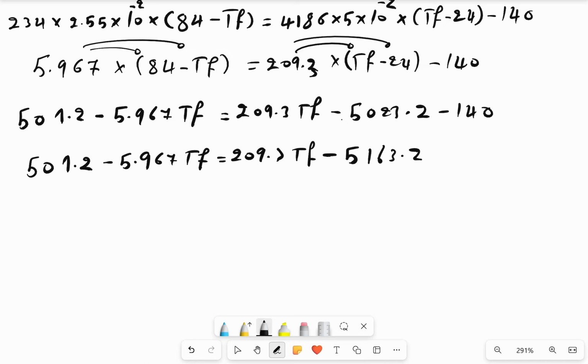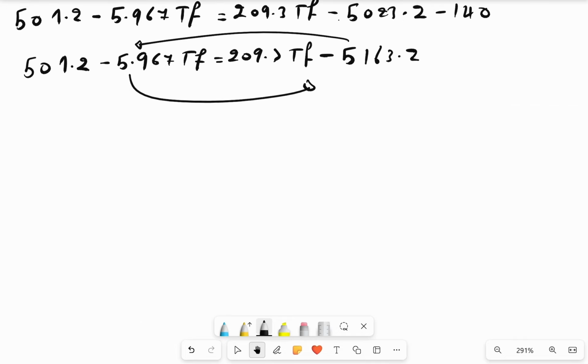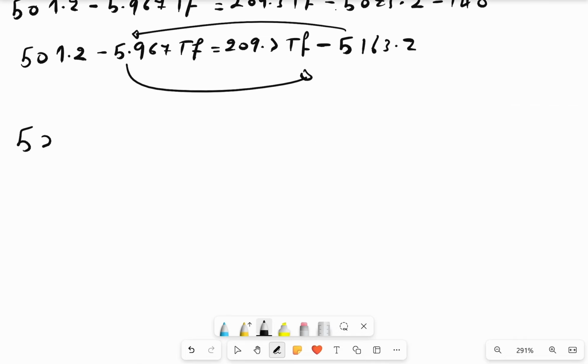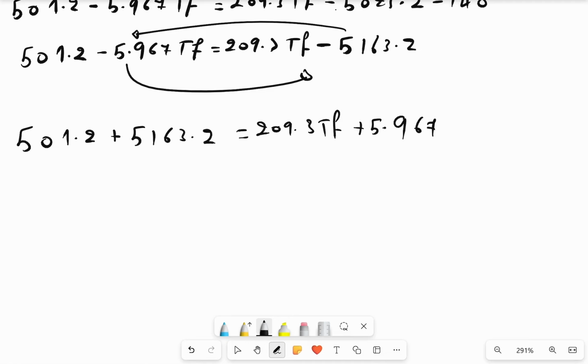Now, this is minus, so it's going to be easier to move this one here. T final is minus, so it's going to be easier to move it here. So this is going to be 501.2 plus 5,163.2, which is equal to 209.3 T final plus 5.967 T final.